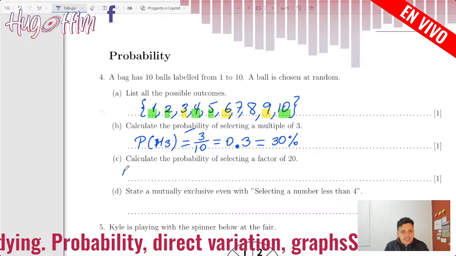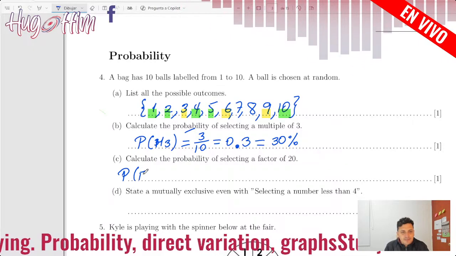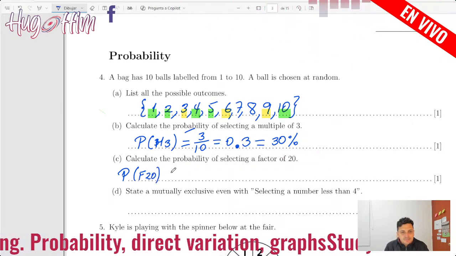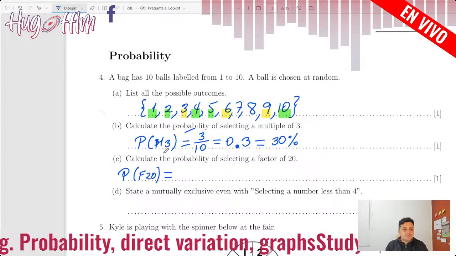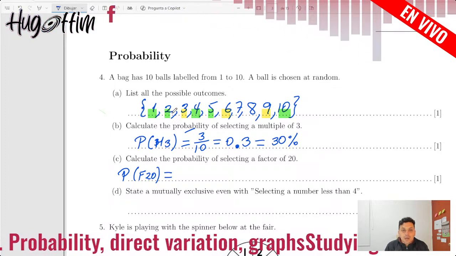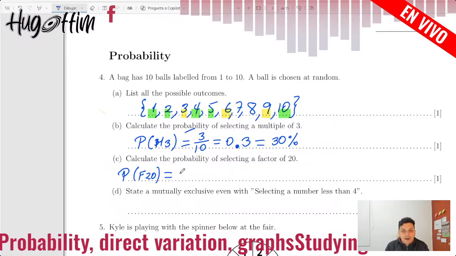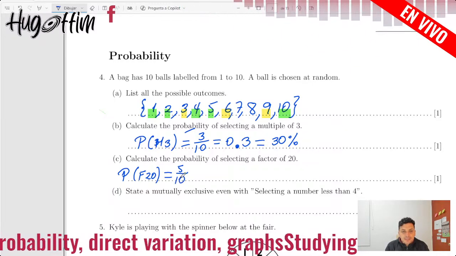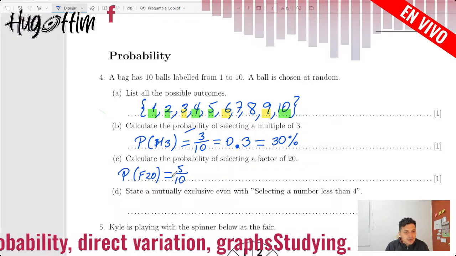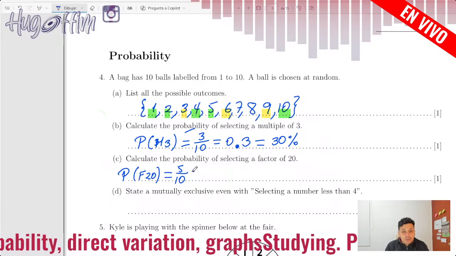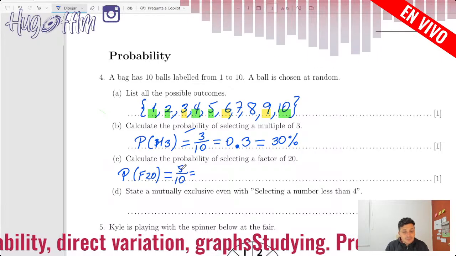So essentially, the probability that I got a factor of 20 is going to be 1, 2, 3, 4, 5 outcomes out of 10. Remember that with fractions, you must put the answer as a fraction in lowest terms.